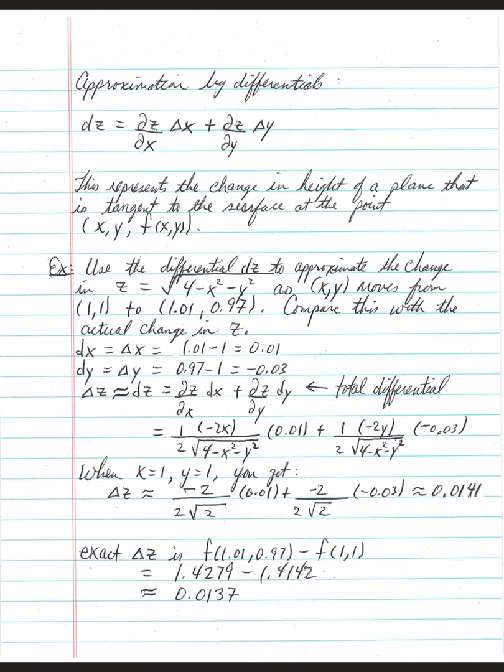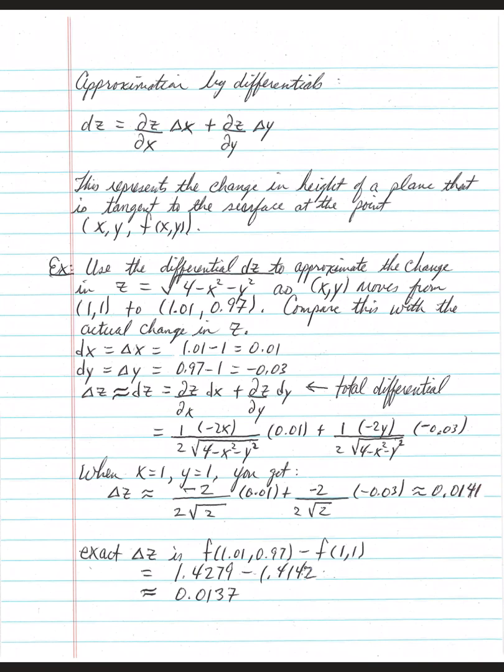If there is a third variable, you would take the partial derivative of z with respect to the third variable, delta, whatever your third variable is. This represents the change in height of a plane that's tangent to the surface at the point x, y, f of x and y.